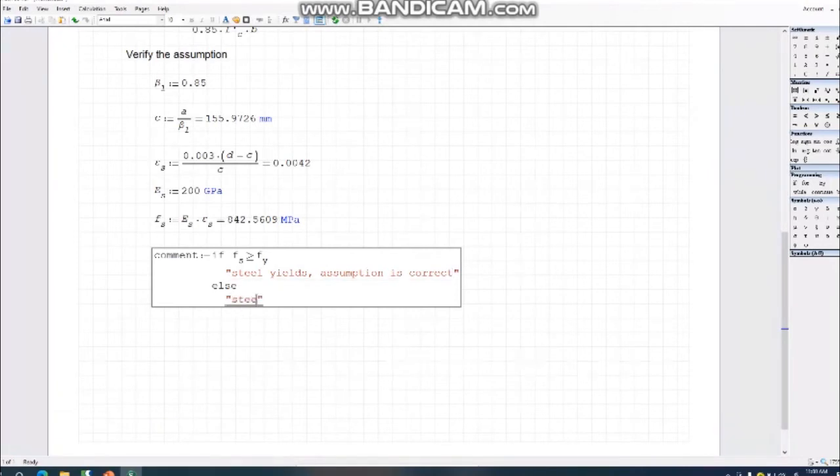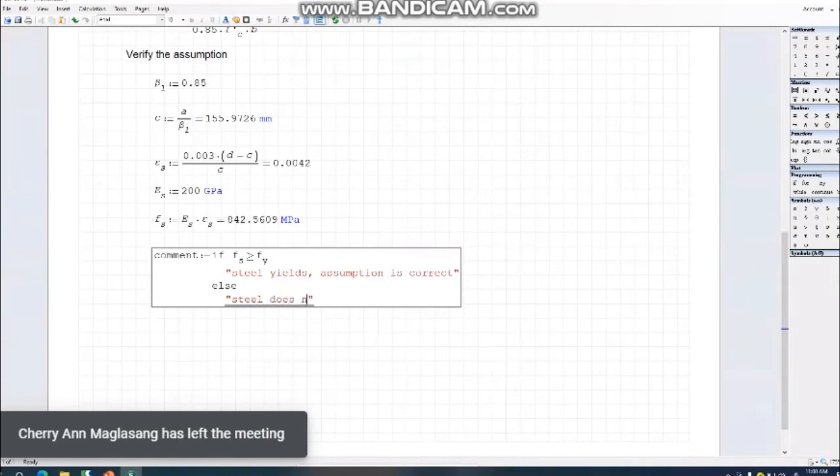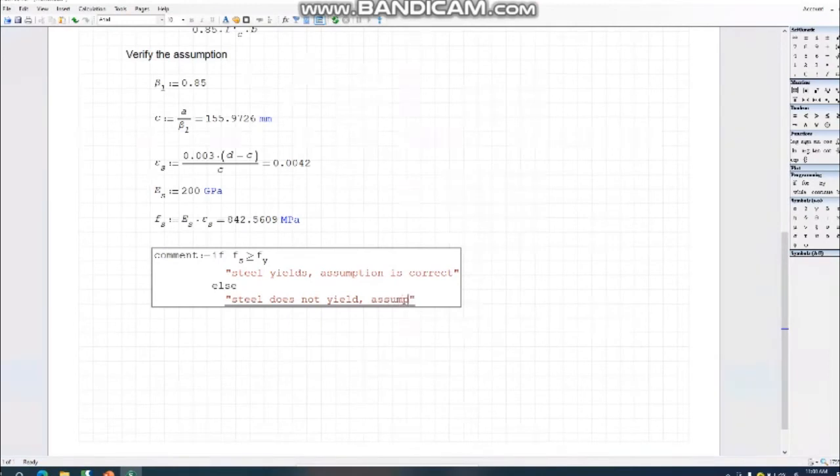If it still does not yield, then the assumption is wrong.